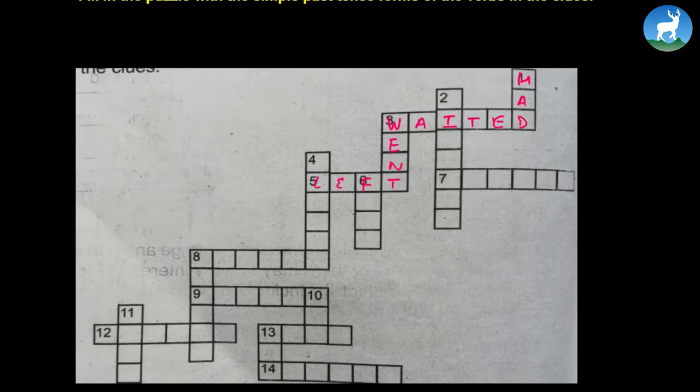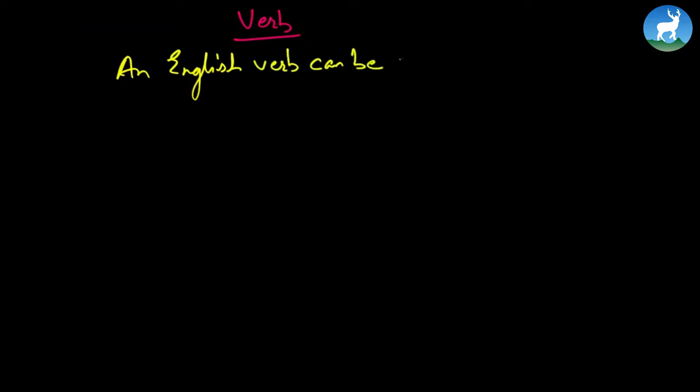Now let's move ahead again. Talking about verbs, by the way, an English verb can be regular or irregular.